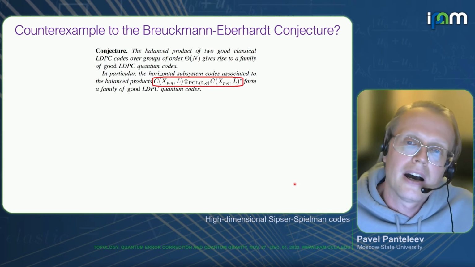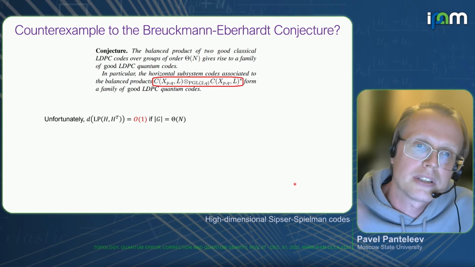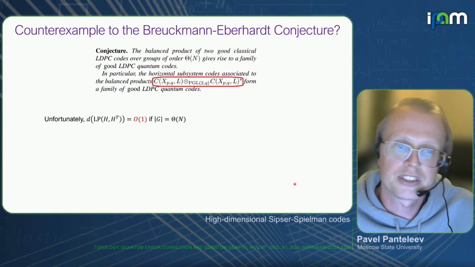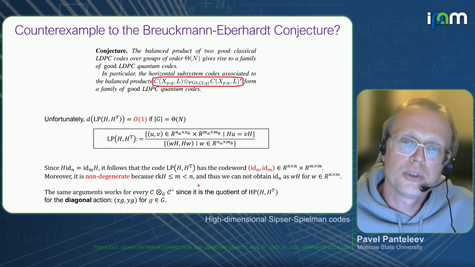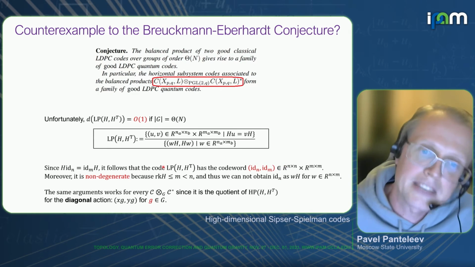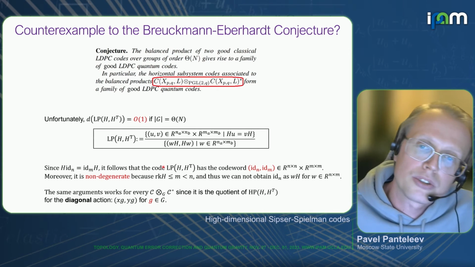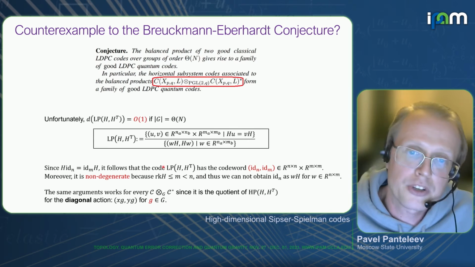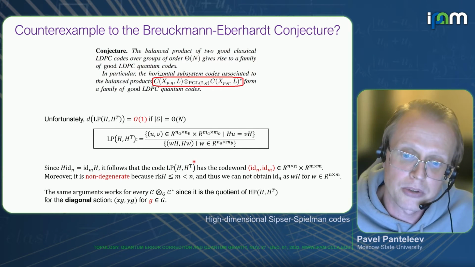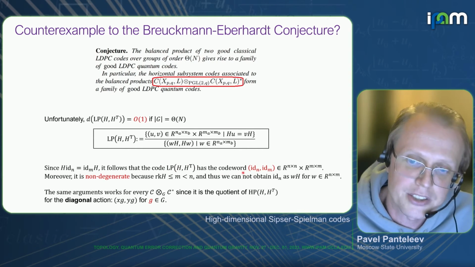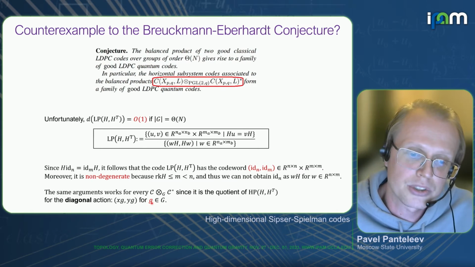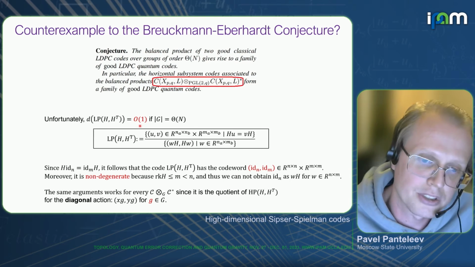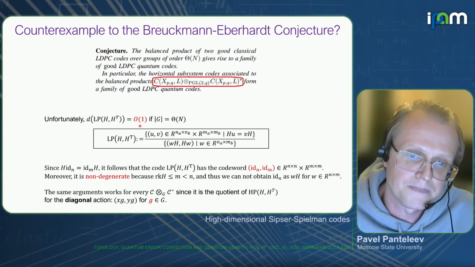And this is related to the so-called conjecture by Brookman and Eberhard, where they propose that we can use the tensor product of a code with its transposed version, and unfortunately this conjecture turned out to be false. Here you can see the counterexamples that show that these codes may have a distance which is only constant, so it doesn't grow.